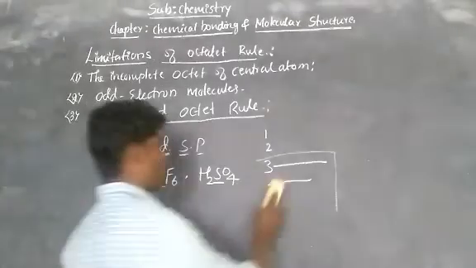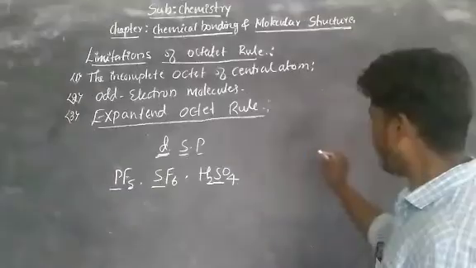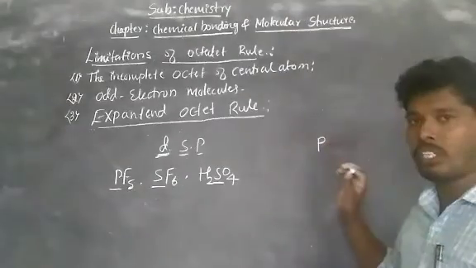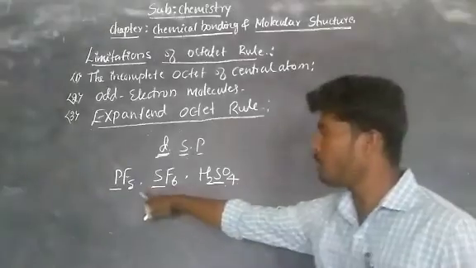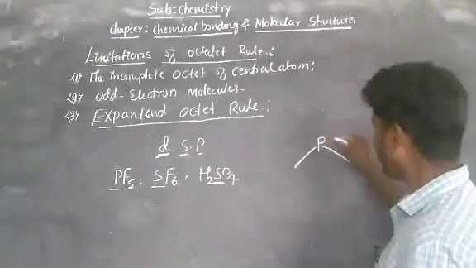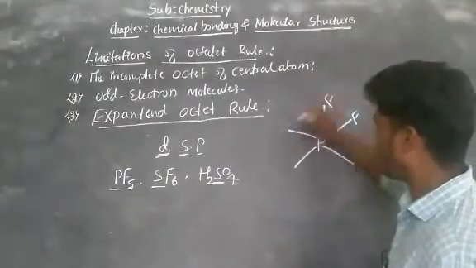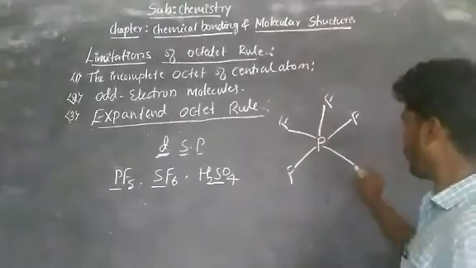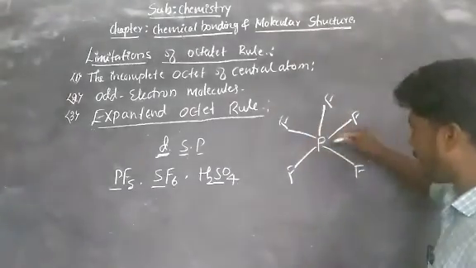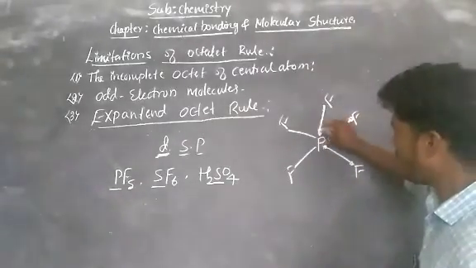Now observing the structures of these molecules, phosphorus pentafluoride, the central atom is phosphorus. It has 5 valence electrons and there are 5 fluorine atoms: 1 fluorine atom, second, third, fourth and fifth. So here observe around that phosphorus there are 5 bonds. Each bond is formed by sharing 2 electrons, right? 2 electrons, see?